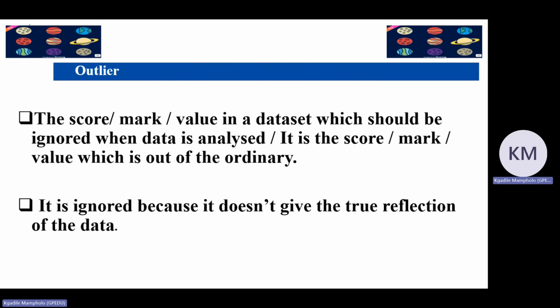Now, let me take, for instance, a school with a class of maybe 40 learners. All the learners got marks less than 40, and then one learner got 92%. If you are required to tell whether the school performs well or is underperforming, you can't only use one value, which is that 92%, to say the school is performing well.